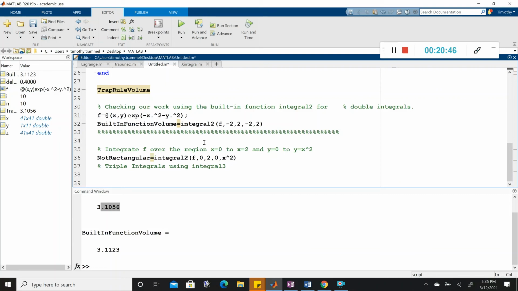But keep in mind that this x is a variable here, so I want to say @x here. There we go. And that will get it done. That'll give us our integral over this non-rectangular region.